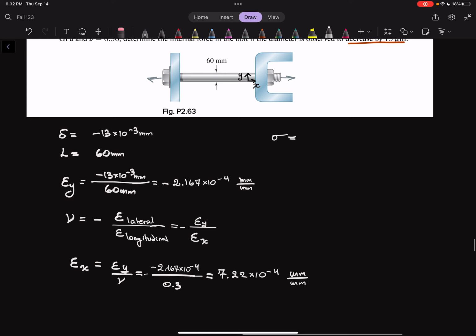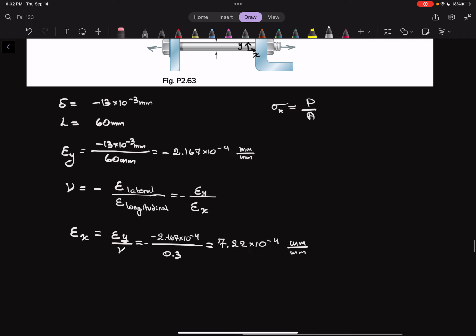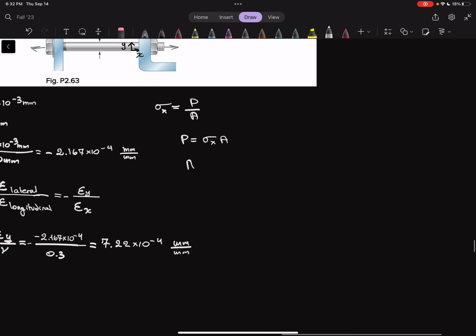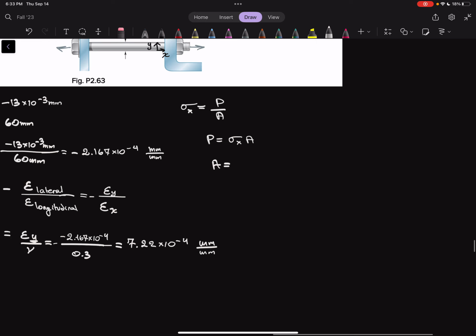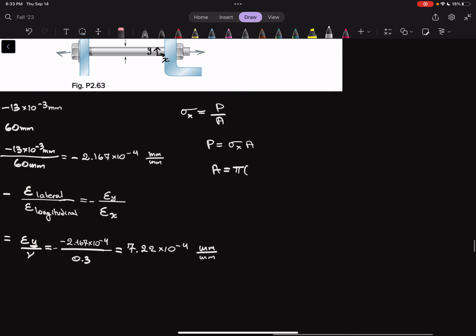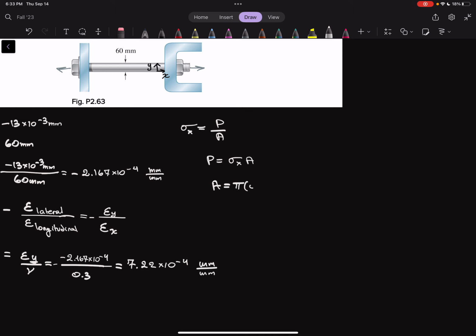I know that sigma x is P over A, so P is sigma x times A. Let's find our A real quick. That's going to be pi times the radius, 0.03 meters, squared.